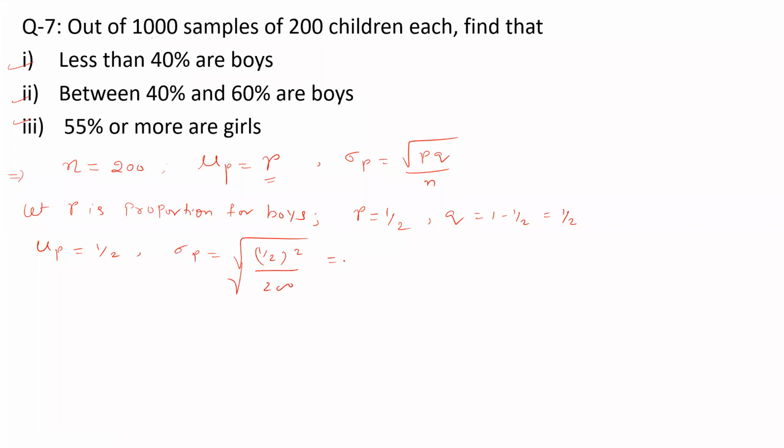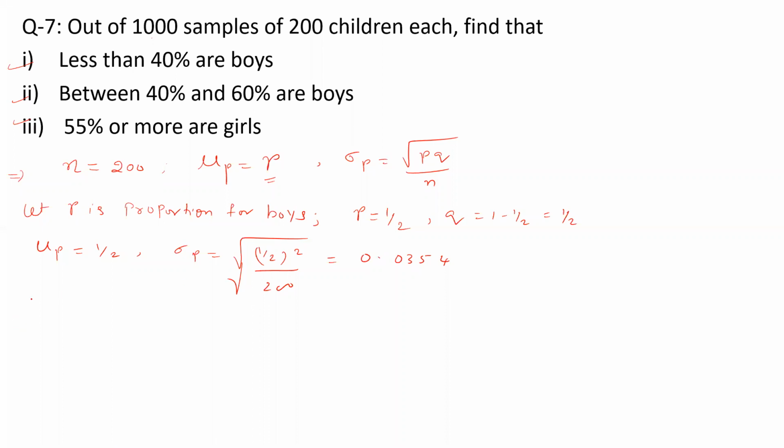So if you quickly calculate this part, 0.5 squared by 200 and square root of the answer, I'm getting 0.03535. I can just round this figure and write 0.0354. So this is the value we have got.